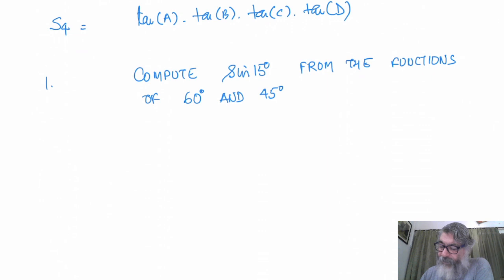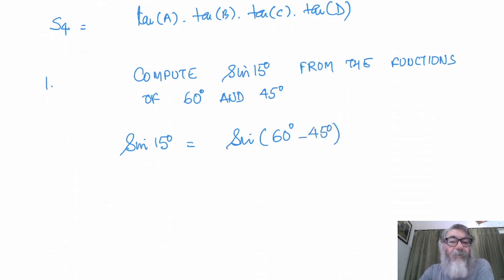Sine 15 we'll write as sine of 60 minus 45. 60 minus 45 is 15 degrees. So it becomes sine A minus B. And what is the formula for sine A minus B?